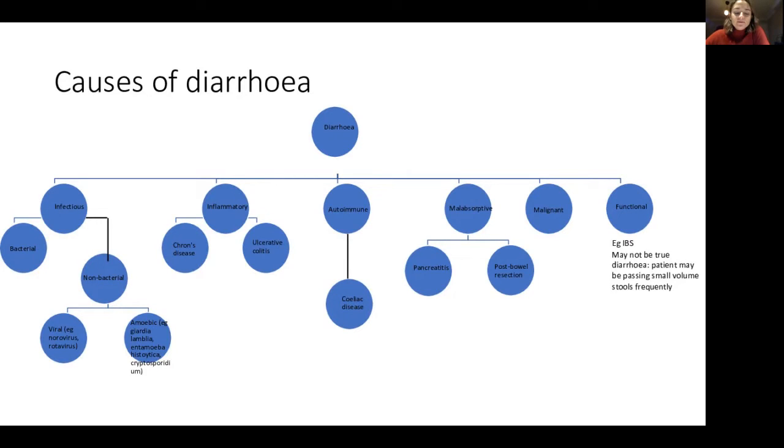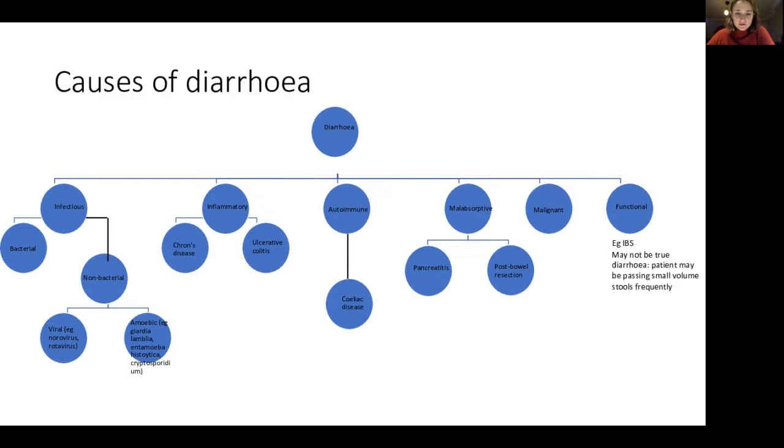And then you can get malabsorptive diarrhea caused by bowel resection, where the absorptive part of the bowel has been resected, so there are large amounts of watery stool. It depends what part of the bowel has been resected as to the symptoms exactly, but post-surgery you can get diarrhea. That's common.